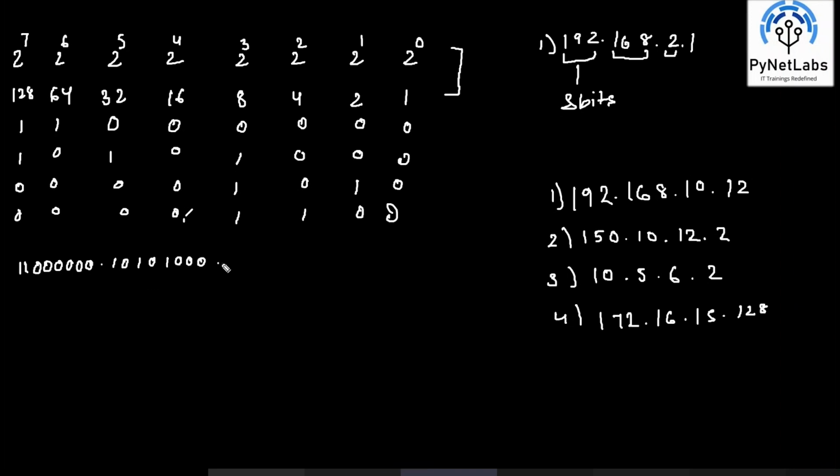Then after that 0, 0, 0, 0, 1, 0, 1, 0. And the last one, 4 zeros, then 1, 1, 0, 0. You can verify your answers with this.